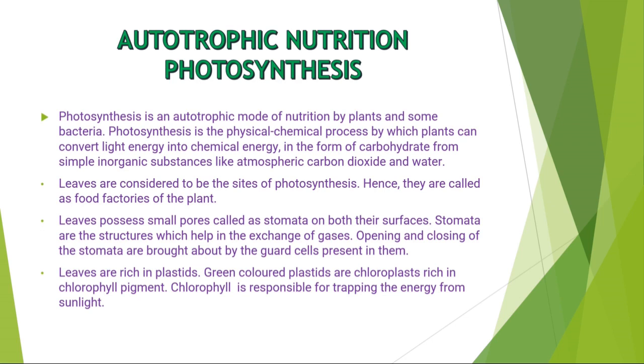Photosynthesis is an autotrophic mode of nutrition by plants and some bacteria. It is a physico-chemical process by which plants convert light energy into chemical energy in the form of carbohydrate, from simple inorganic substances like atmospheric carbon dioxide and water.